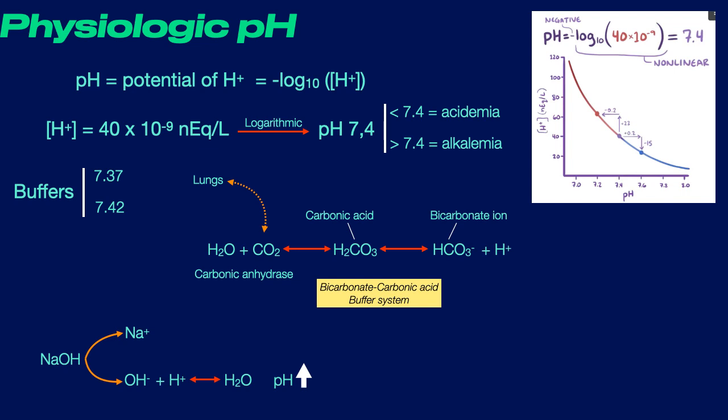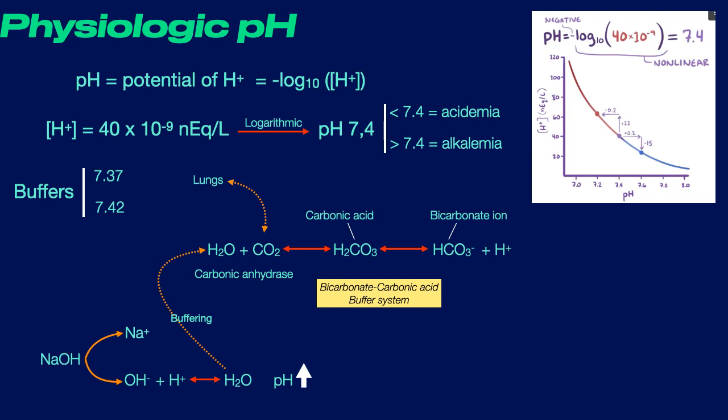But when there is plenty of CO2 around, it reacts with the water to form more carbonic acid, which splits into bicarbonate ions and hydrogen ions, rapidly replacing the hydrogen ions and buffering the pH.